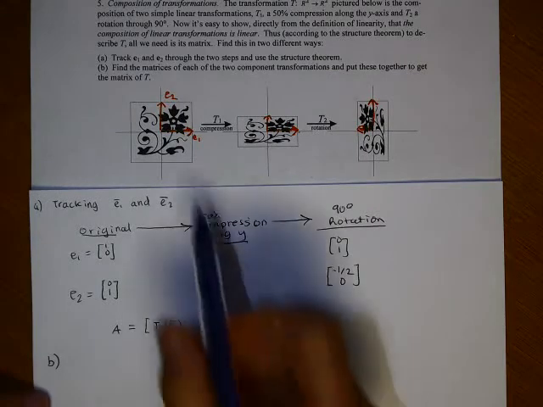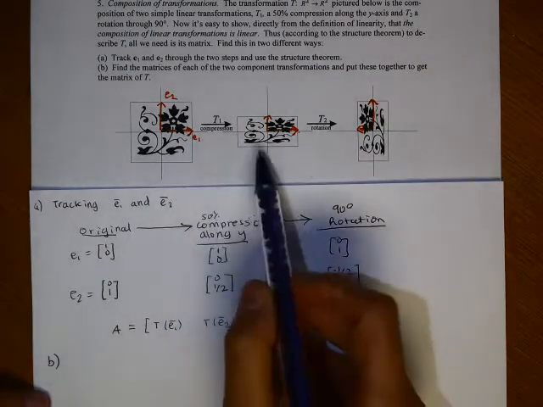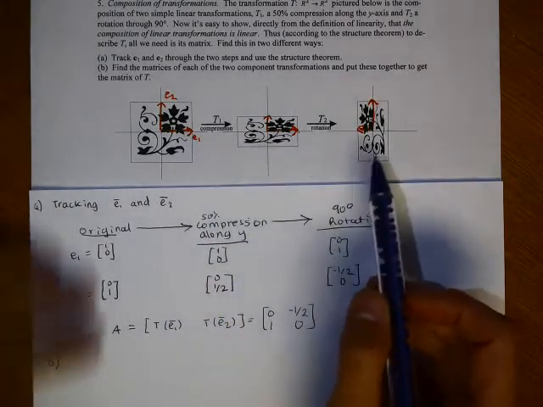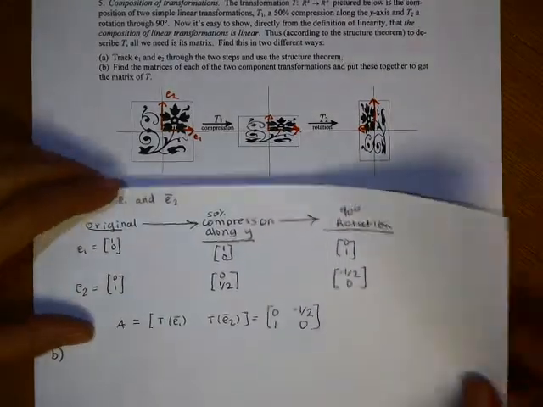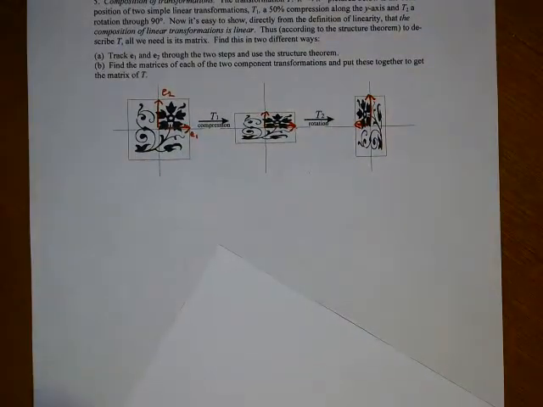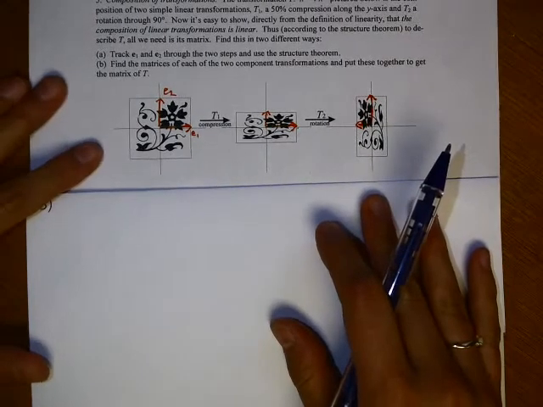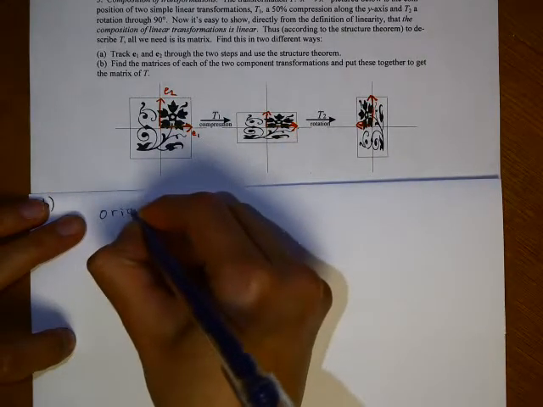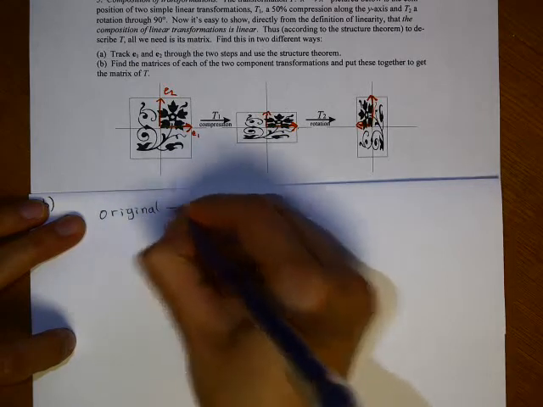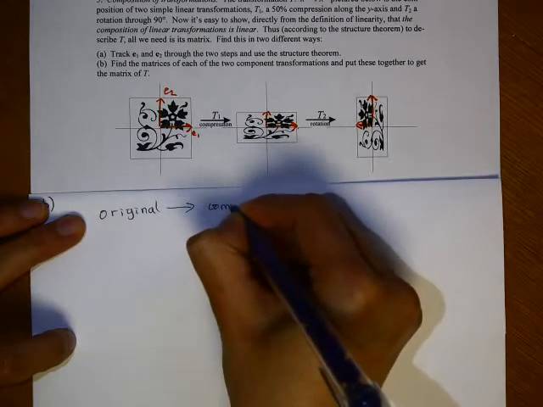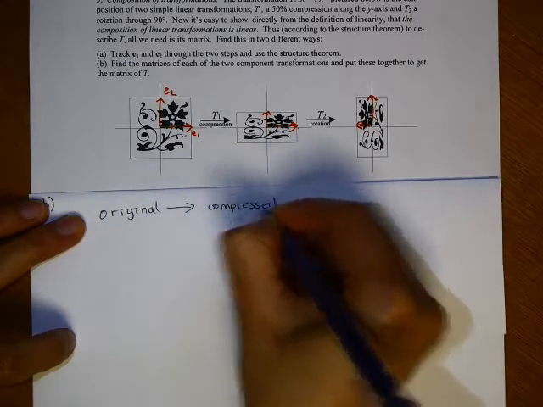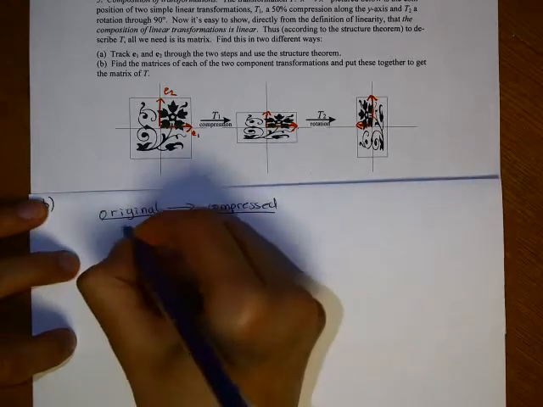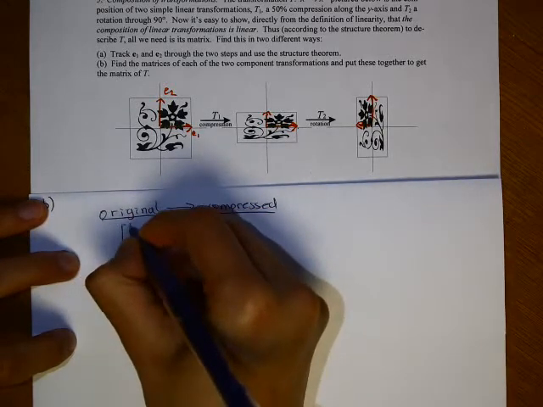In this way, we want to find a matrix for this transformation and then a matrix for this transformation separately. So let's just fold this over. So let's take the same sort of steps that we did with the other question. So we have our original, and then we go to our compressed. So our E1 again is (1, 0).